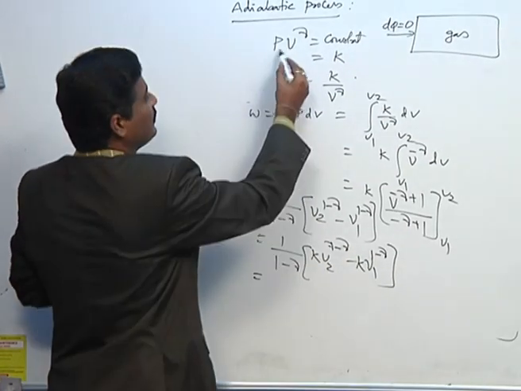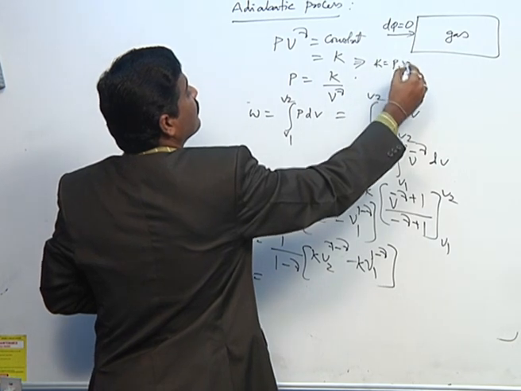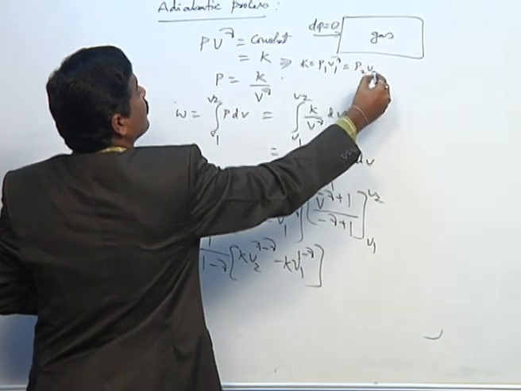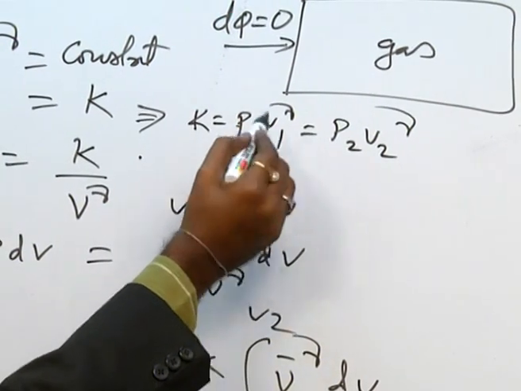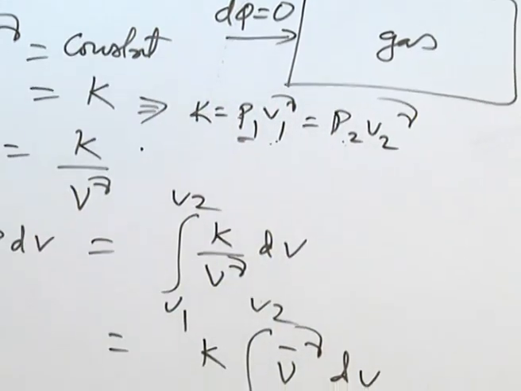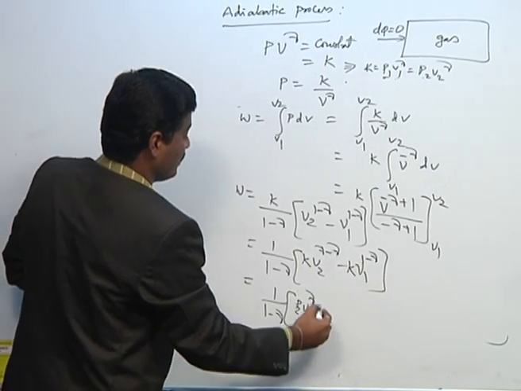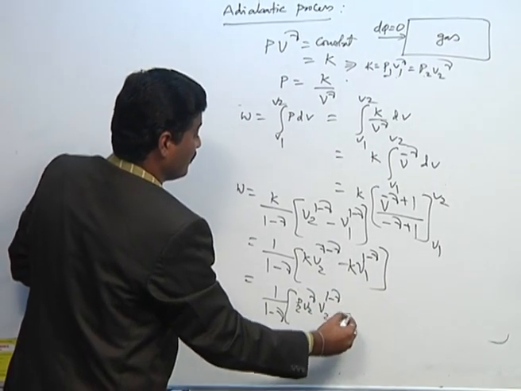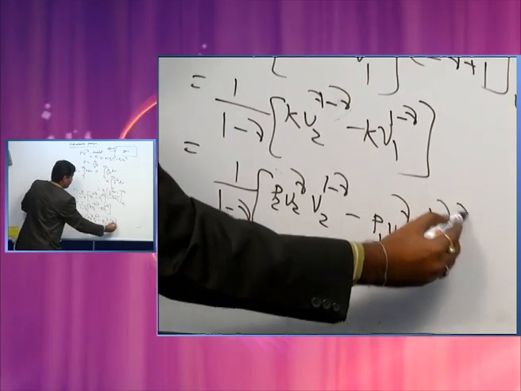Since PV to the power of gamma is constant, we can write k is equal to P1 V1 to the power of gamma, equal to P2 V2 to the power of gamma. This is the pressure and volume of the gas at the first position, and here the pressure and volume in the second case. We substitute the same values: P2 V2 to the power of gamma instead of k into V2 to the power of 1 minus gamma, minus P1 V1 to the power of gamma into V1 to the power of 1 minus gamma.